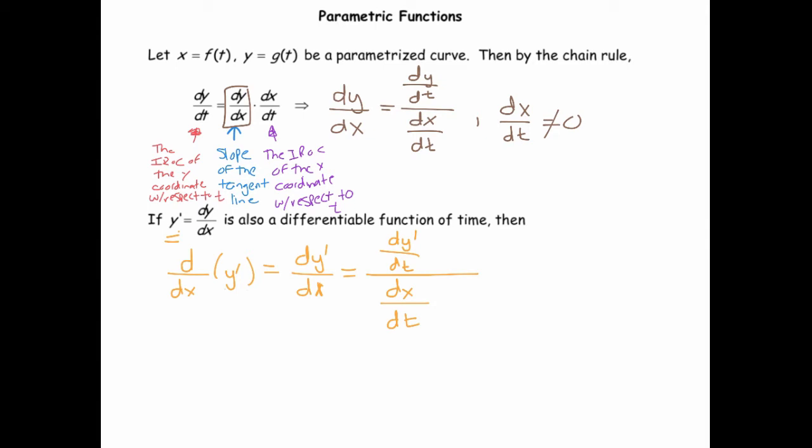Okay, so this looks like nothing interesting is happening, but what I want to point out, and what we'll see in the next example, is that this here is equal to the derivative with respect to time of y prime, which is dy dx, over dx dt.